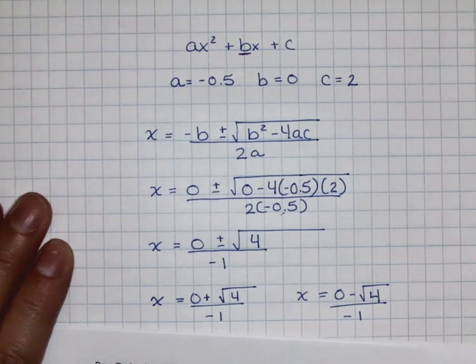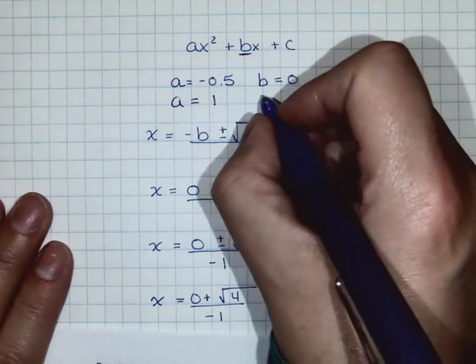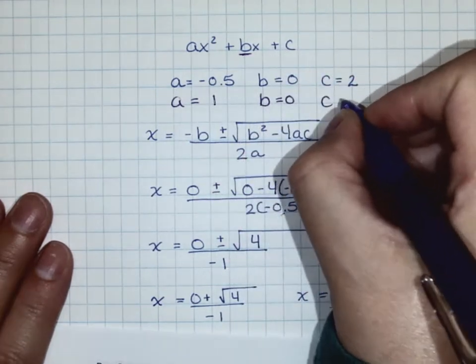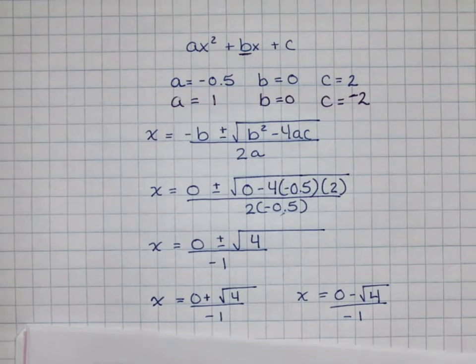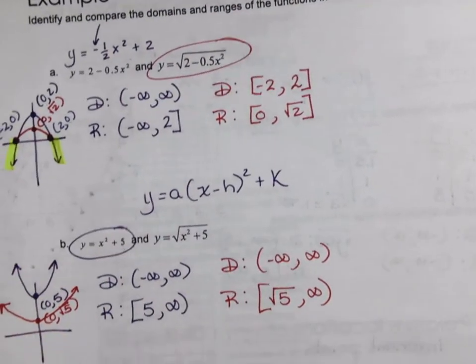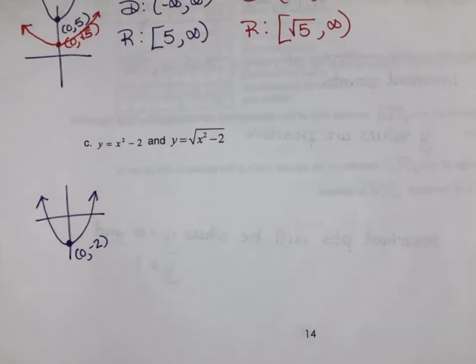In this one, A is 1, B is 0, and C is negative 2. So it's just plus minus root 2? Yeah. Are we going to do the quadratic formula to figure that out? I'm not, but everybody else is.